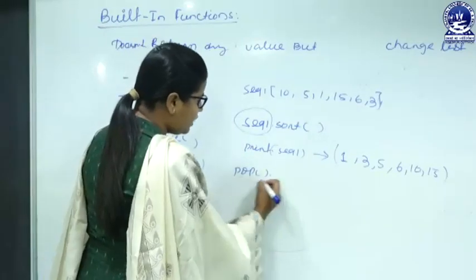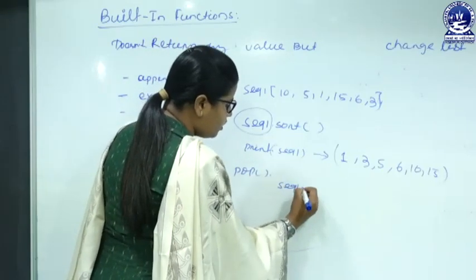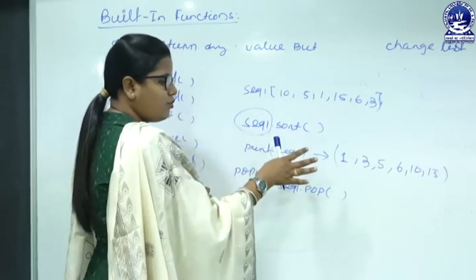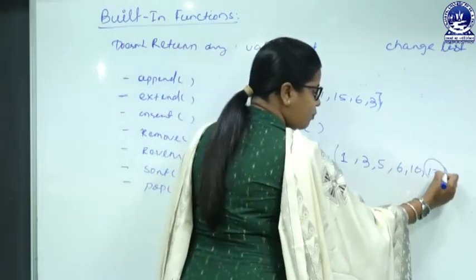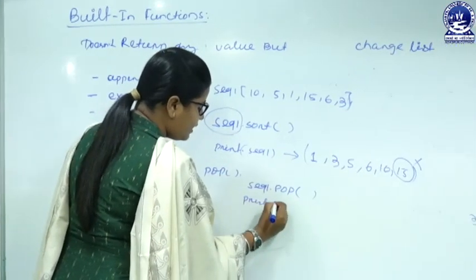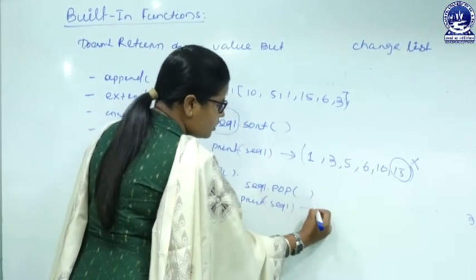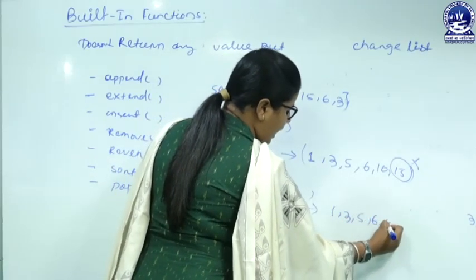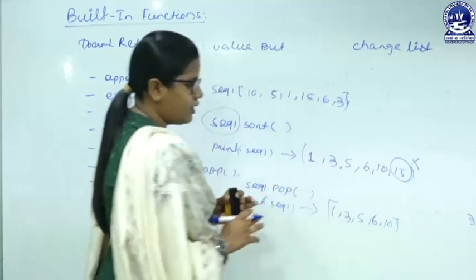So when I use sequence1.pop, now sequence1 is sorted, so this will remove 15 from here, and when I print sequence1, this will return 1, 3, 5, 6 and 10. That means the last one is removed.